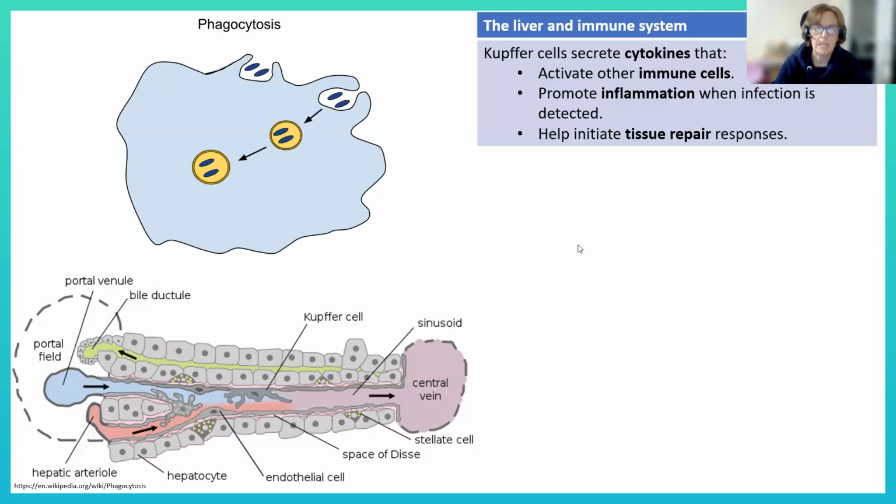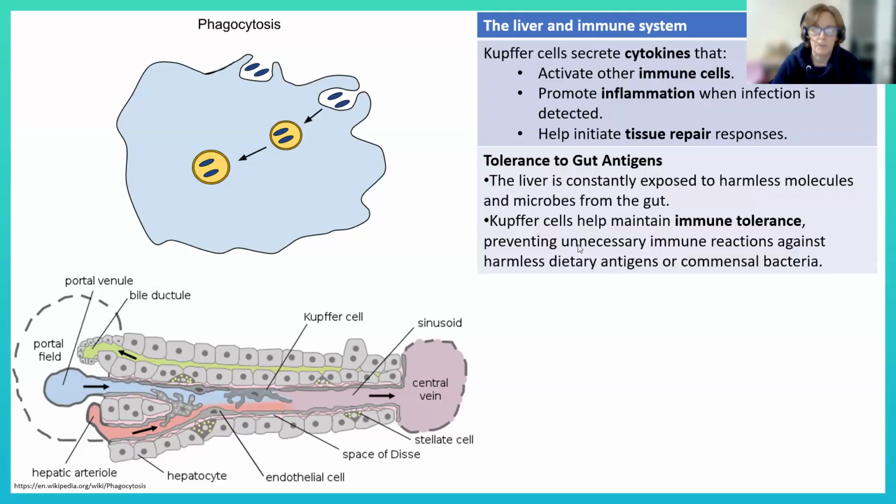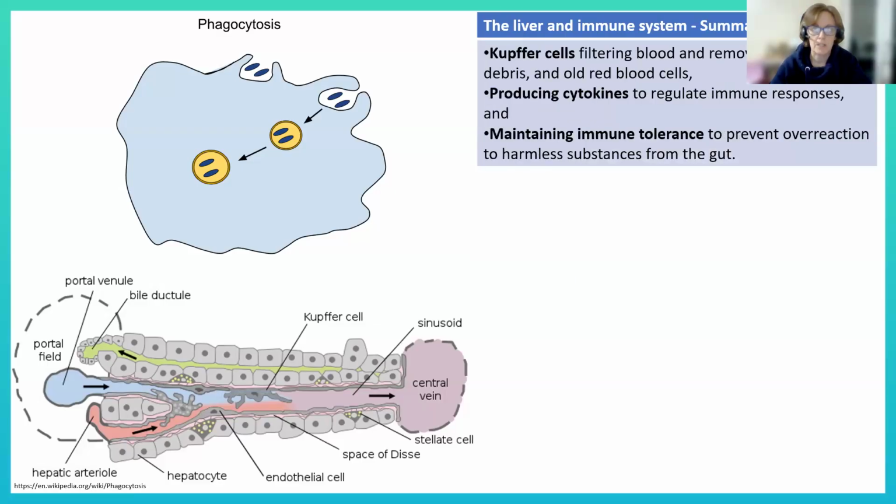So they're really key within linking this system together. We also talked last session about tolerance to gut antigens being an important part of these specialized cells, so we don't have too big a reaction and end up with something like autoimmune diseases. These are really key to these specialized cells here.